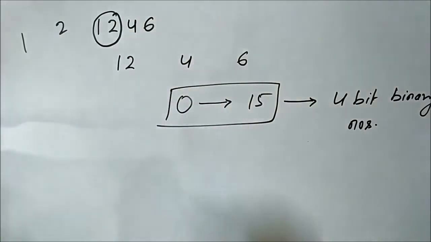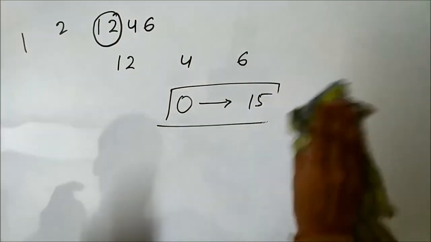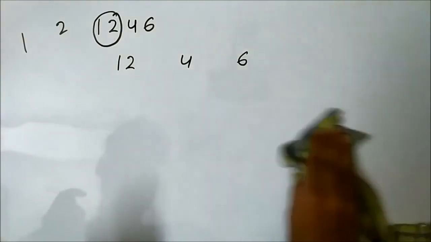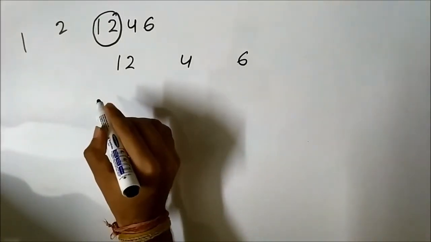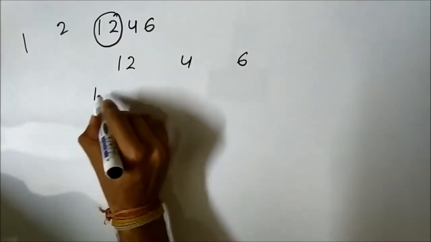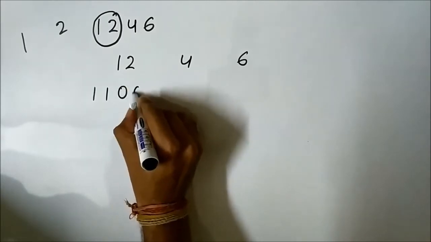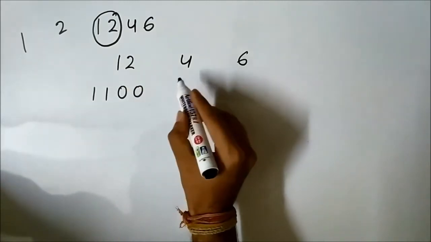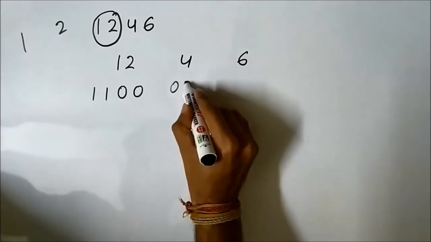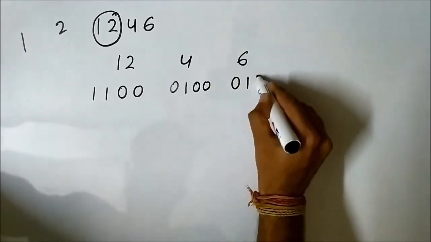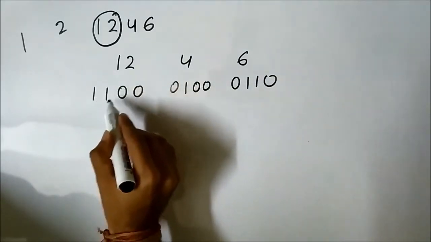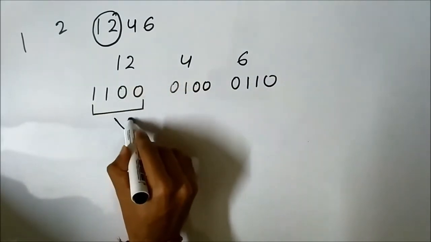They write the 4-bit binary code for 12, that is 1 1 0 0. They write 4 as 0 1 0 0, and 6 as 0 1 1 0, but they write the first part as 12, which is wrong.